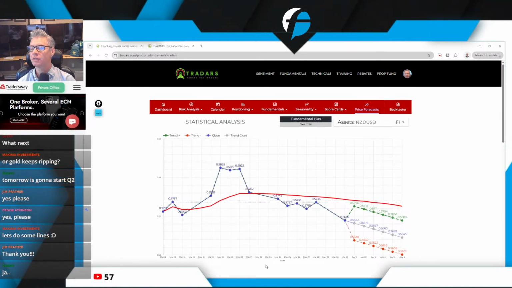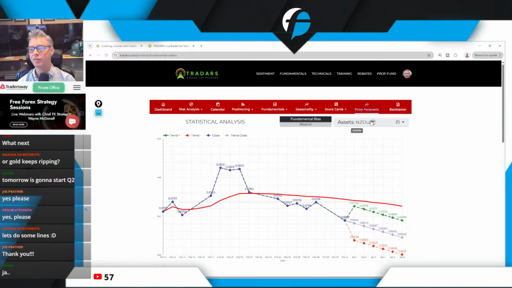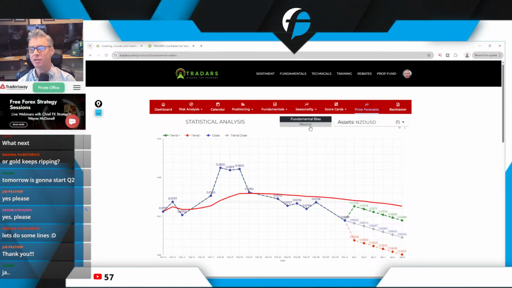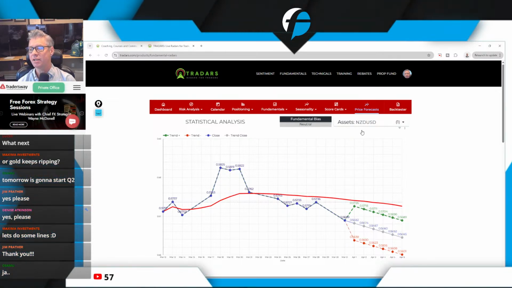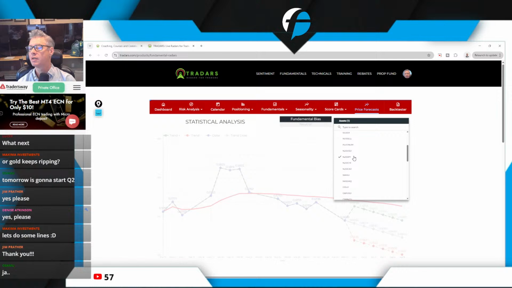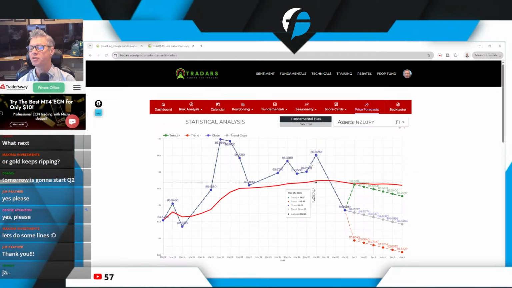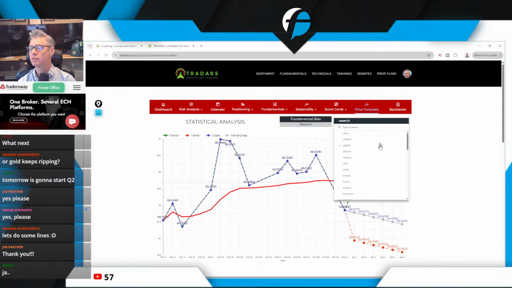Kiwi dollar, not bullish, not by any stretch of the imagination. Fundamentally, it's neutral. Statistically, it's bearish. Kiwi yen, fundamentally neutral, statistically bearish.